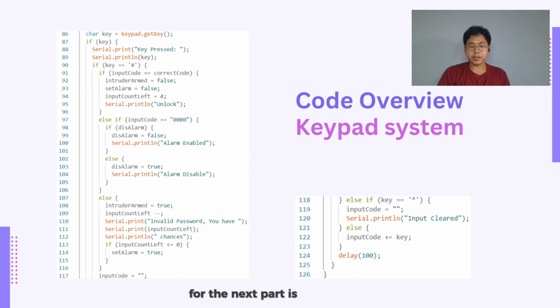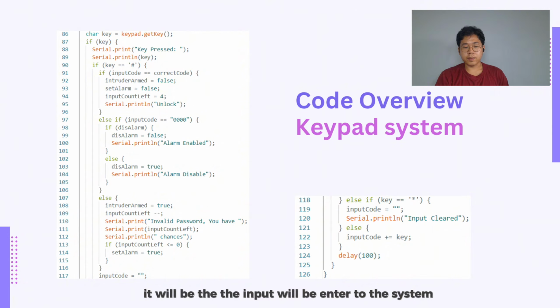For the next part, the keypad system. The keypad system receives input from the keypad, and the user can enter numbers from 0 to 9, and when they press the square or hashtag symbol, the input will be entered into the system.